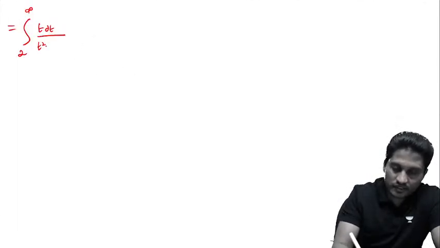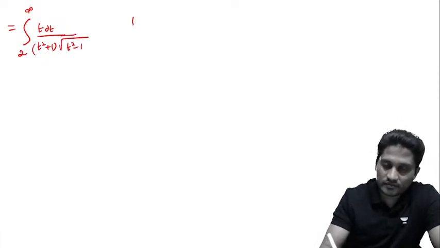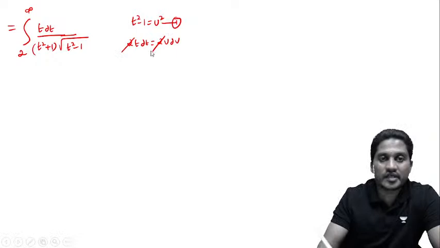Now I'm going to put t^2 minus 1 equal to u^2. If I differentiate, you get 2t dt equal to 2u du. This will cancel, that is t dt I'll get.